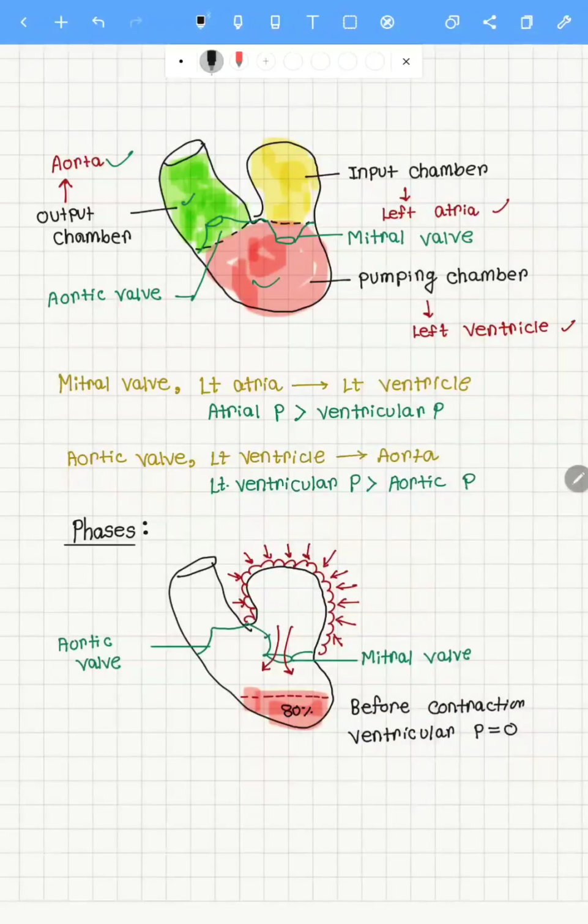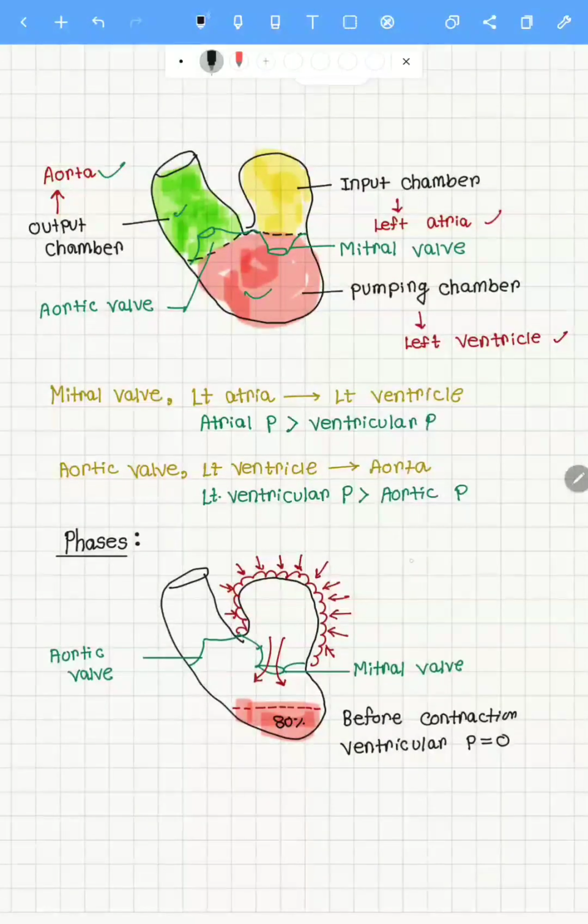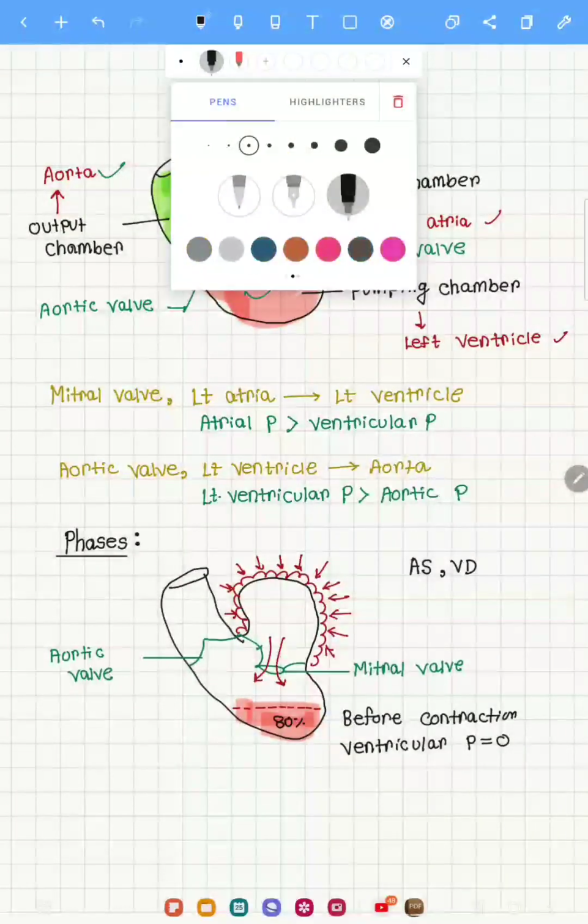Okay, you can clearly see atria is contracting and ventricle is relaxing. So we will write it like that: atrial systole and ventricular diastole. So this was the first phase. In this phase atria is contracting. That's why we will name the phase as phase of atrial contraction. Let me write this thing.